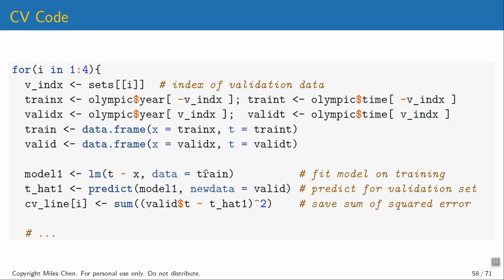So I use the training data to create the model, and once I have it, I use the predict function to make predictions for the validation data. Then I compare the validation actual value versus what I predicted, the T hat, square that, and sum it, so we get the sum of squared errors. That's just for model 1, where I fit lm.